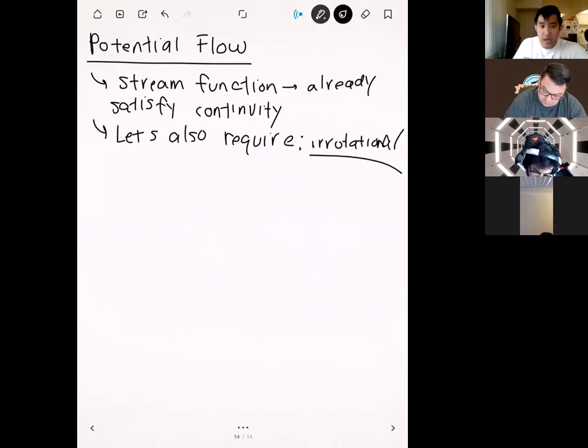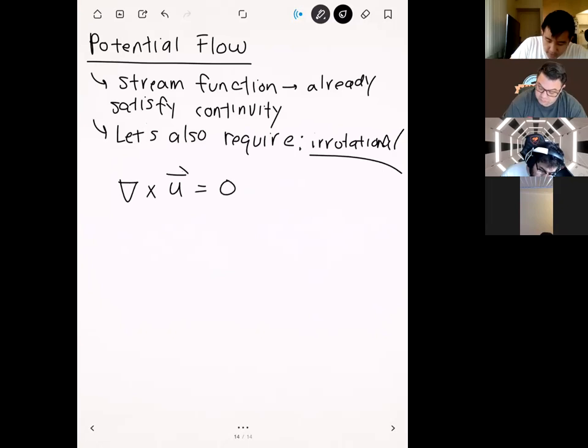And if you recall from the earlier parts of the lecture today, an irrotational flow means that the curl of the velocity is going to be equal to 0. And so let's write out what the curl is in 2D.